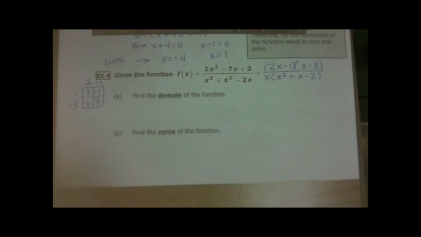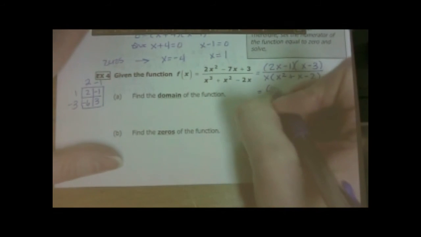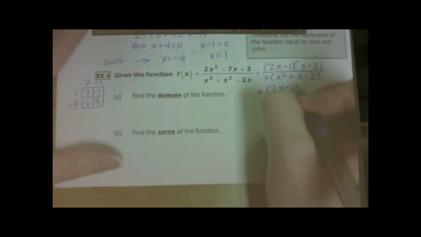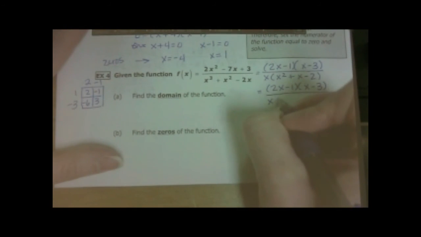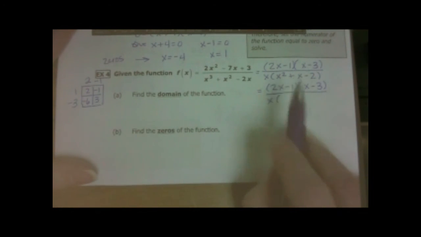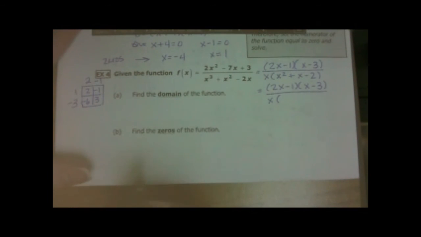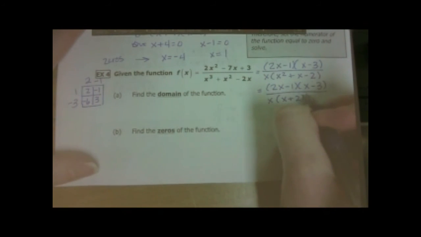And we've got to factor that further. So your numerator here stays the same, 2x minus 1, x minus 3. Your denominator, bring the x down. What multiplies to negative 2 and adds to 1? How about plus 2 and minus 1? So x plus 2, x minus 1.